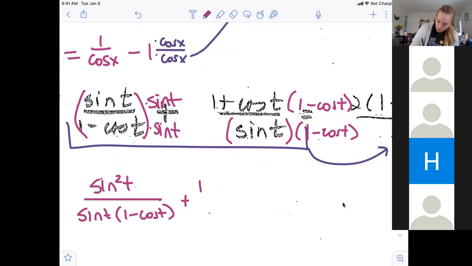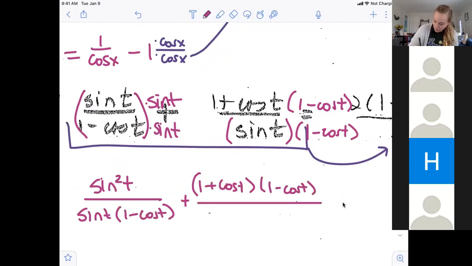I'm going to make this 1 plus cosine t times 1 minus cosine t over sine t times 1 minus cosine t. So all I did was multiply by the opposite denominator.